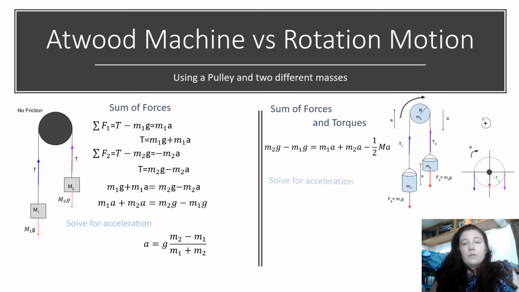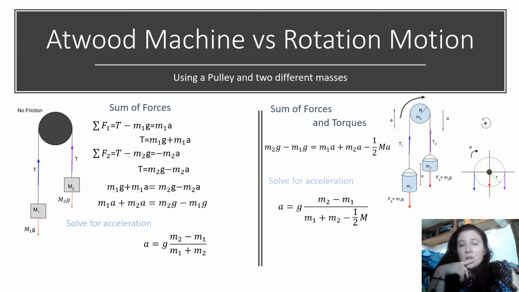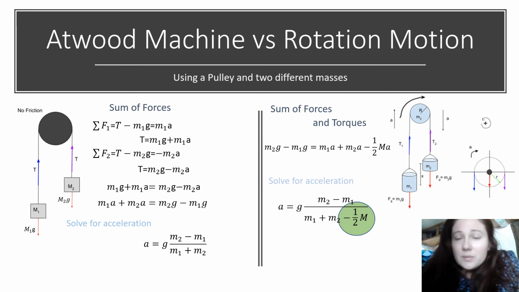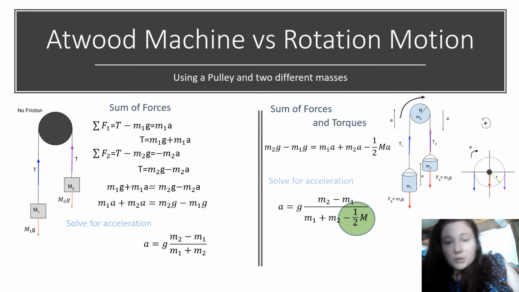We solve for acceleration over here on this side, and we have pretty much the same thing. There's just one difference, and that is we've got minus 1/2 times the mass of the pulley.